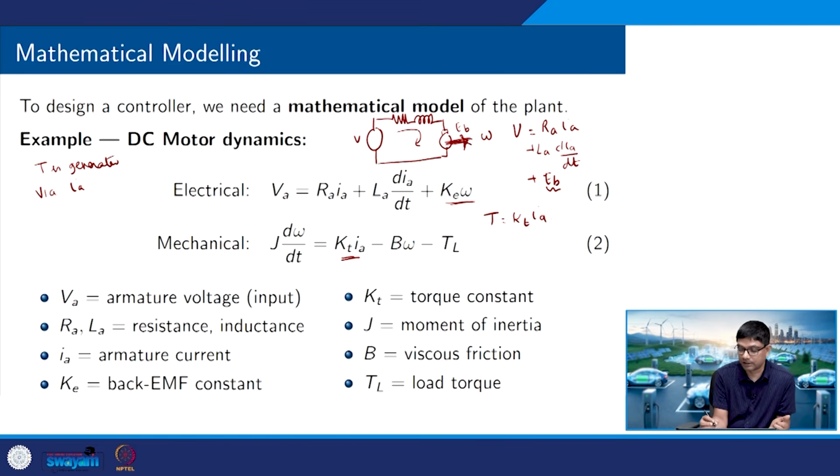It also has to take into consideration the frictional component, and whatever remains goes to the load as the load torque. Okay, so now I have two differential equations which govern the entire behavior of this circuit, and this is what we call a mathematical model.